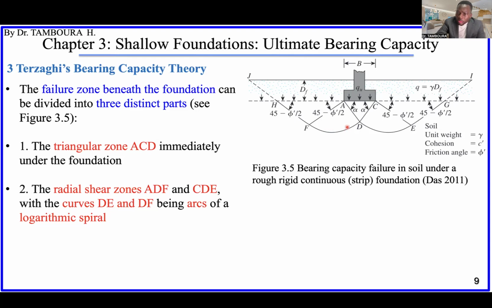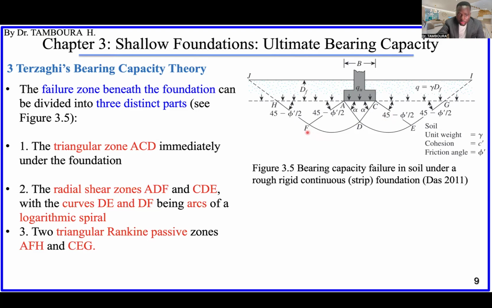We have these two zones also, because each failure zone has its own characteristics.